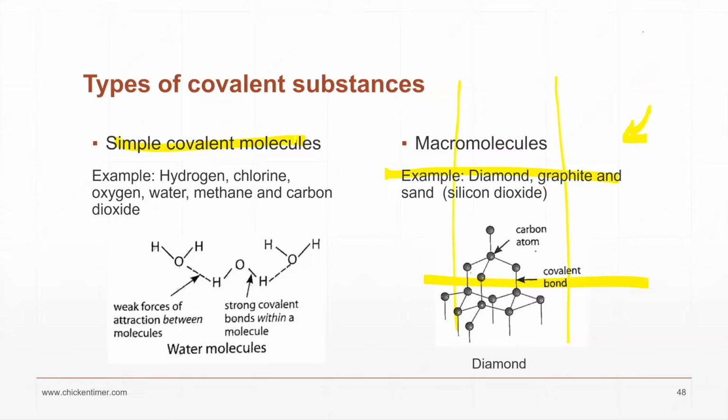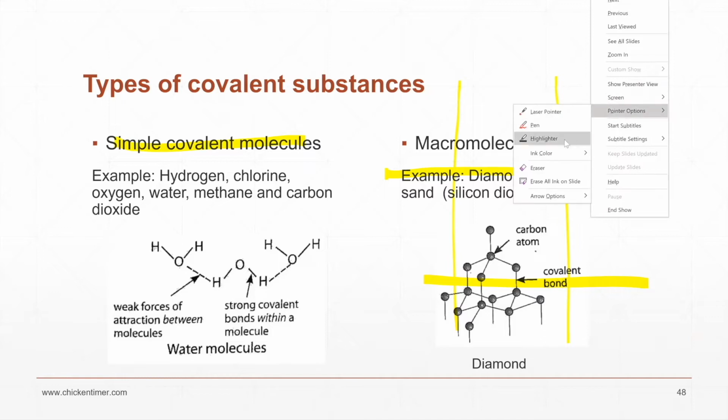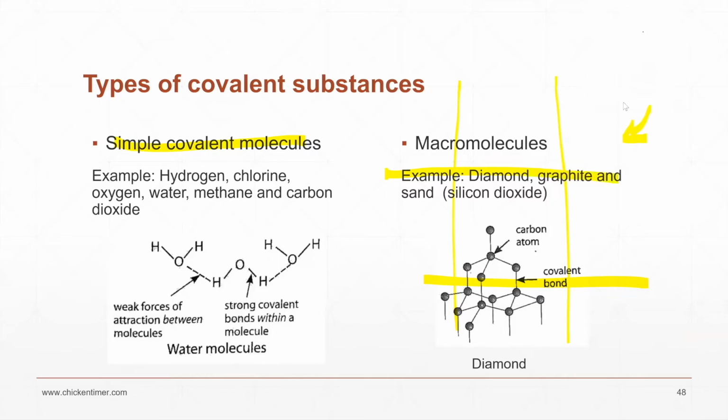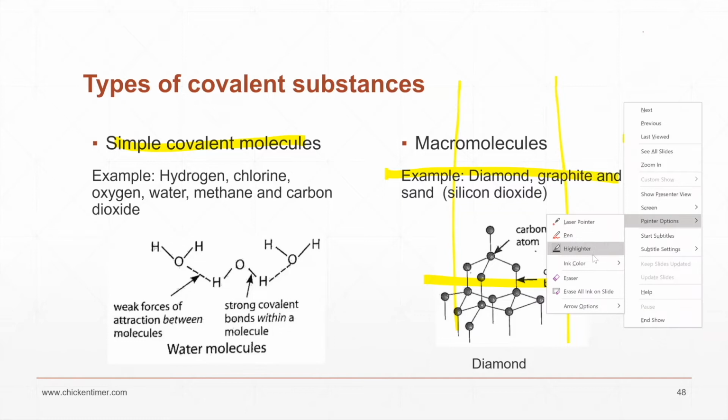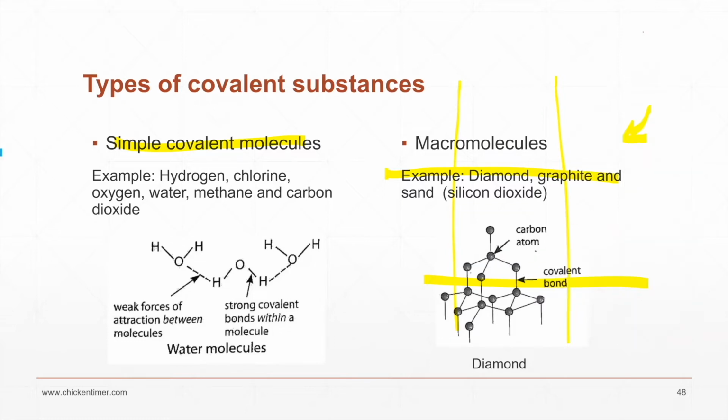But these are simple covalent molecules, and it's very easy to know that they are, because they are very small. Like this one is only like that. Because they are very small, they are called simple covalent molecules.